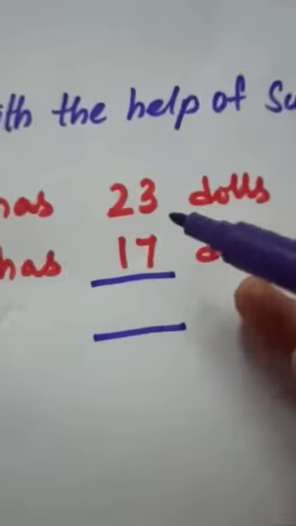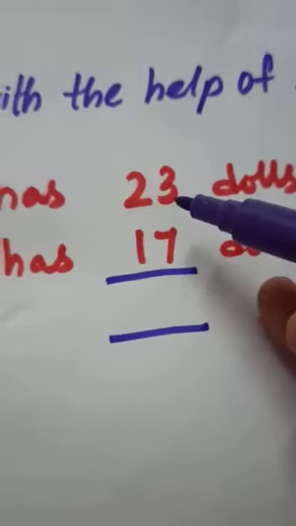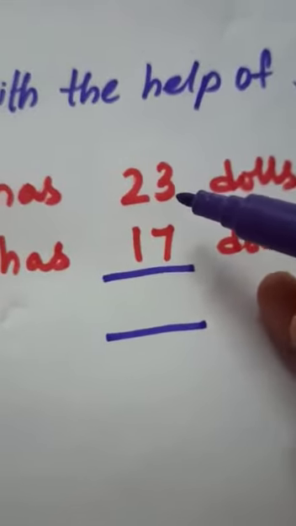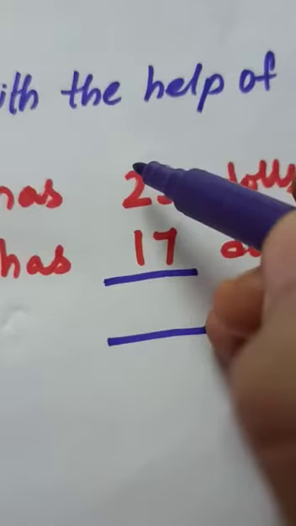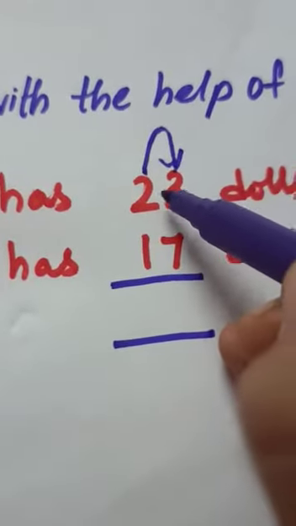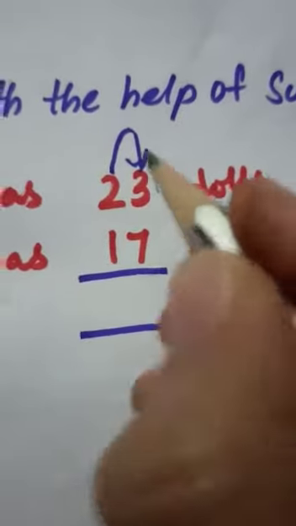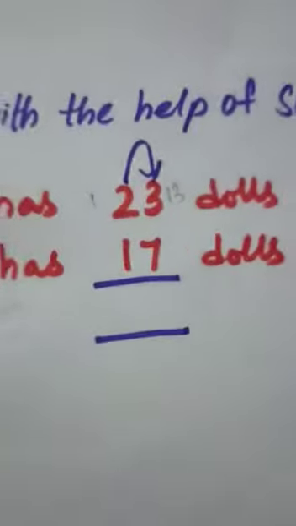Now see here, we cannot subtract 7 from 3 because 7 is greater than 3. So we have to take 1 ten from 2. So this 3 will become 13 and this 2 will become 1.